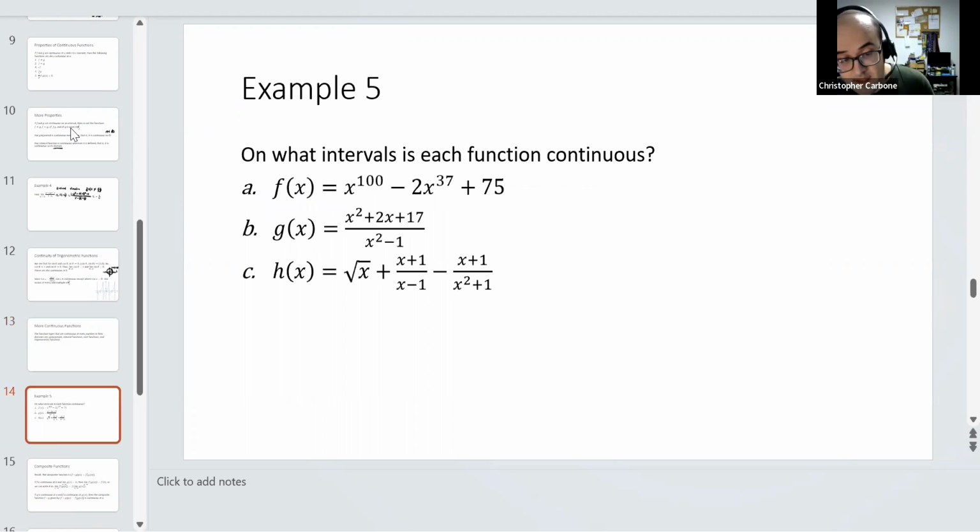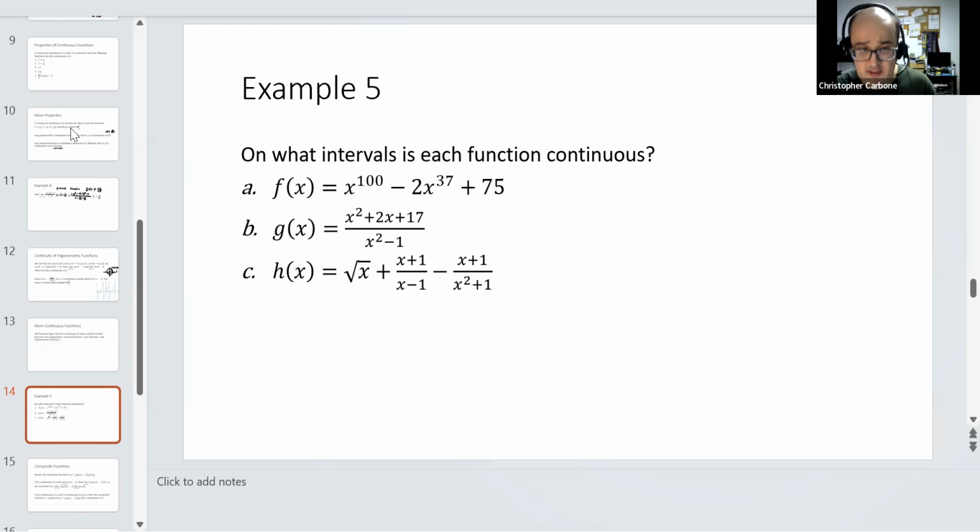So for more examples, example 5: on what intervals is each function continuous? A: f of x is equal to x to the 100th power minus 2 times x to the 37th plus 75. This would be a pain in the neck to try to graph, but this is a polynomial.